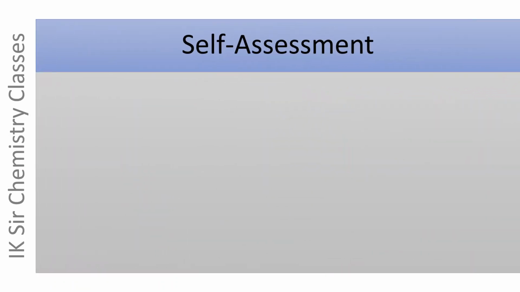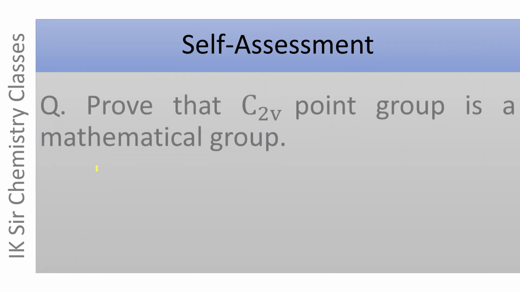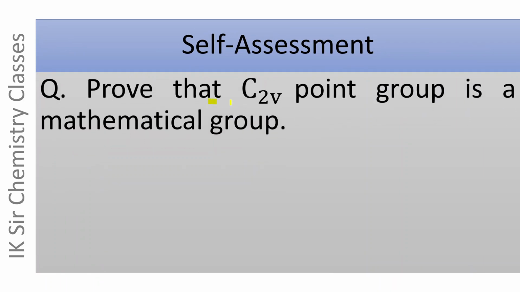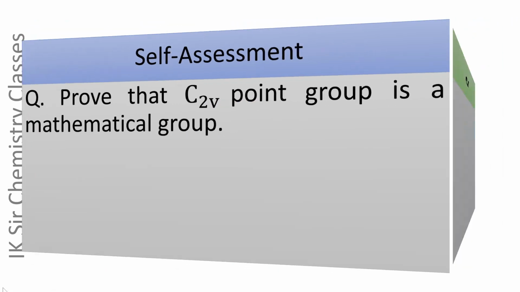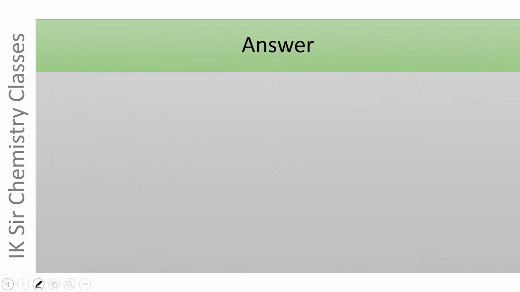Now the time for self-assessment. Prove that C2V point group is a mathematical group. Here is the answer.